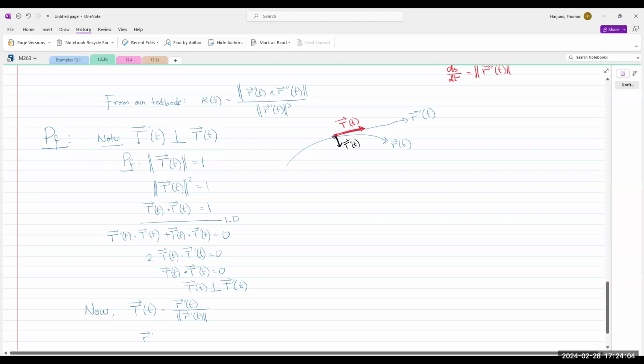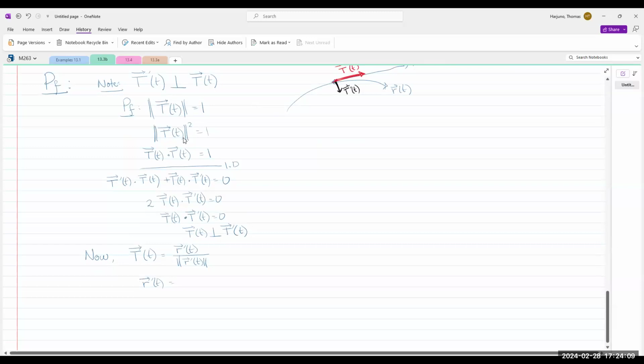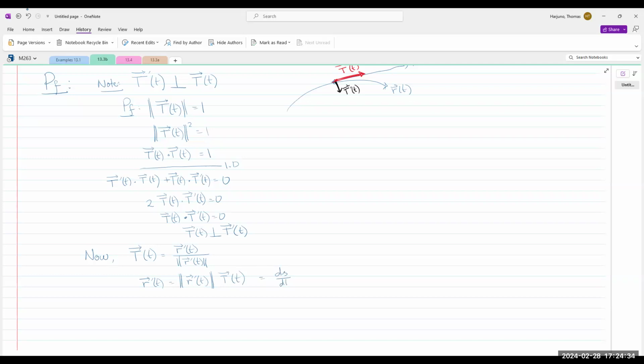R prime t therefore is equal to, maybe I call it this way first, the magnitude of r prime t. You know that even though this is a vector, because it's a magnitude, it becomes a scalar, multiplied by the unit tangent vector T, which I can call ds dt. Remember that? ds dt times the unit tangent vector T.